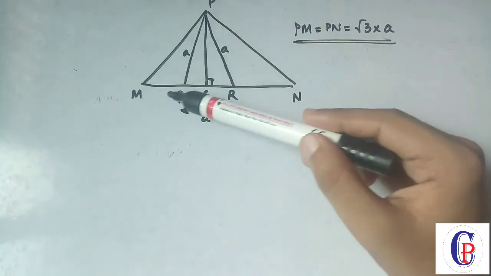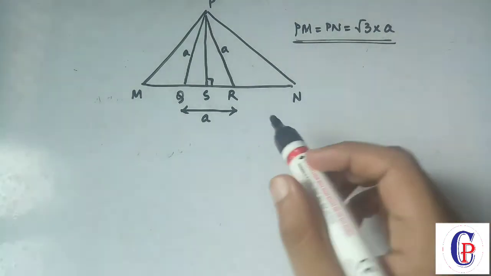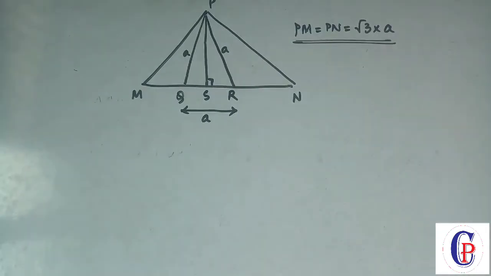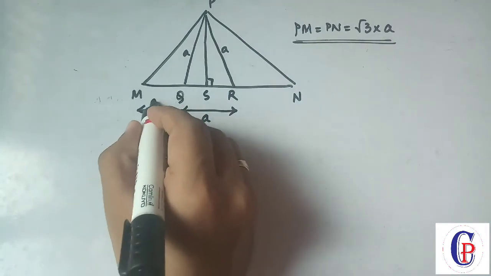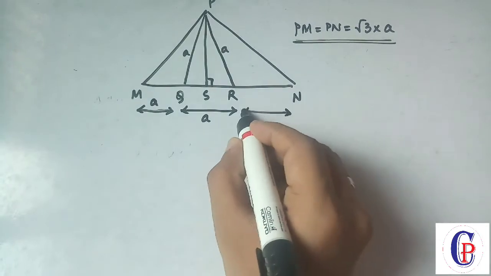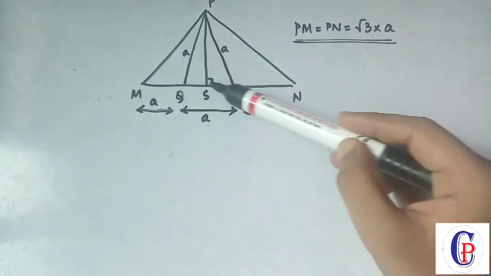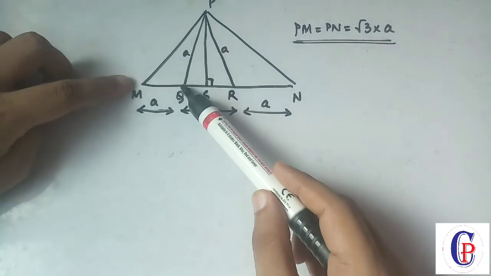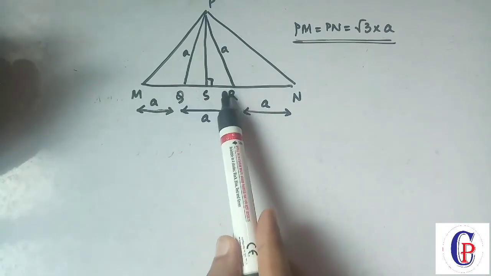If you see this triangle PMR, by the way, this MQ is also A and RN is also A. Now in this triangle PMR, you can see that MQ is equal to QR. MQ is A, QR is also A.